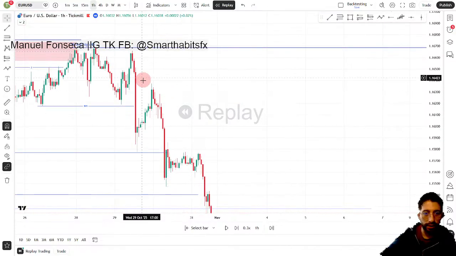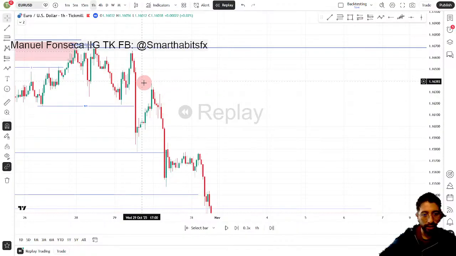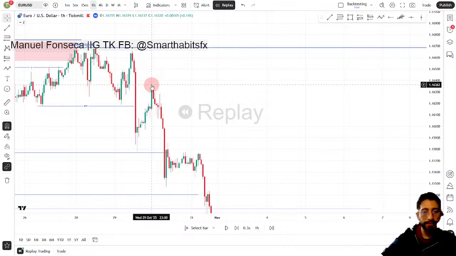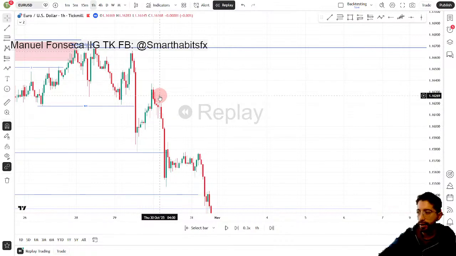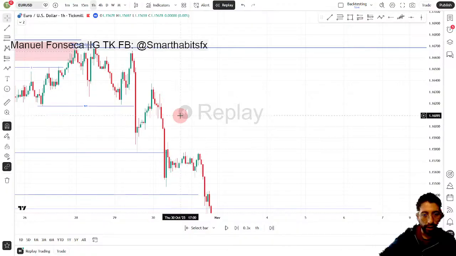Now, this high won't work because it's reacting on an imbalance, which happens most of the times. But when it happens, we take this more as liquidity rather than a real strong high beginning, right? So that's why I don't take this as the new high.